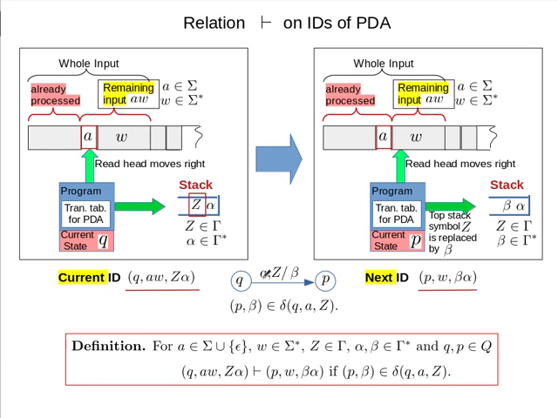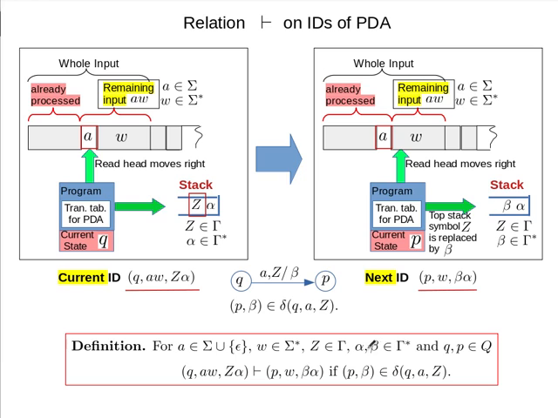Here you will have epsilon, but still it will depend on this Q and Z. So this will be the definition, that this ID is related to this by this relation if you have this pair in here, where this A is either a symbol or epsilon, this W is a string over the input alphabet, Z is a stack symbol, so it's just a member of gamma, not gamma star, while this alpha and beta are multiple stack symbols.